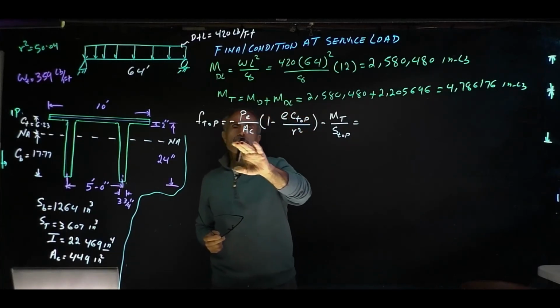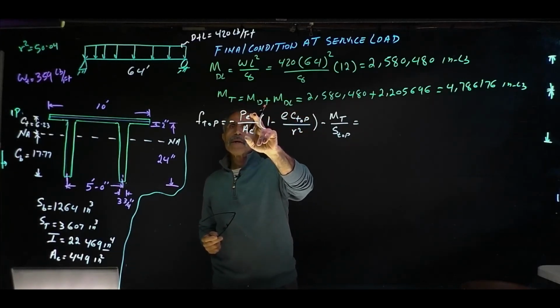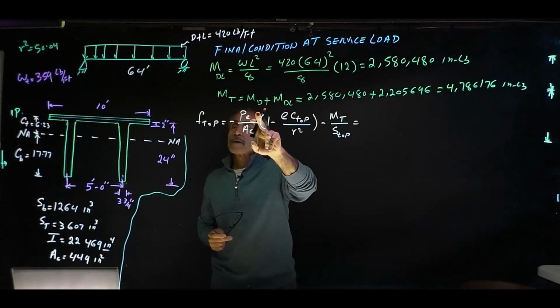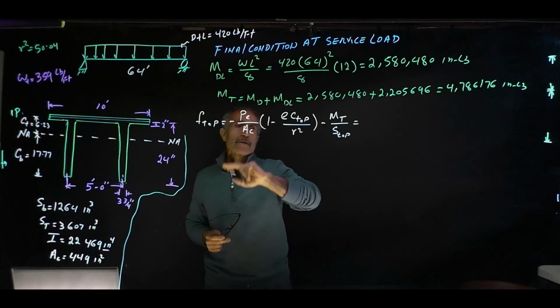So the stress at the top becomes PE, which is the pre-stressing force after losses.